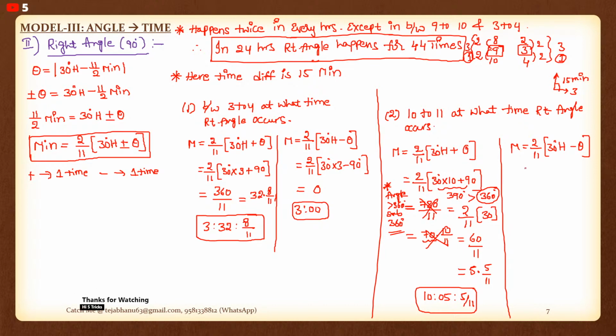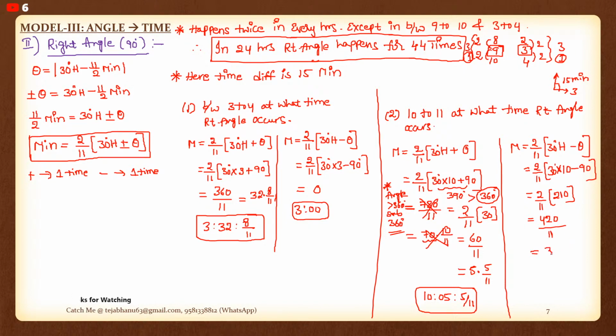Okay. Now, have a look at it. 2 by 11 into 30 degrees into H, which is 10, minus 90, which is 300 minus 90. 2 by 11 into 300 minus 90, it is 210. 210 twos are 420 by 11.